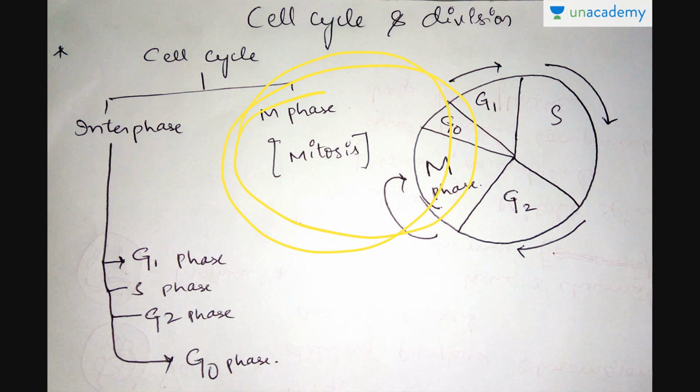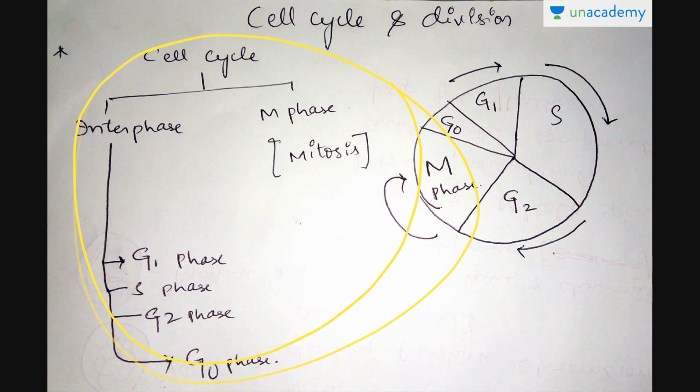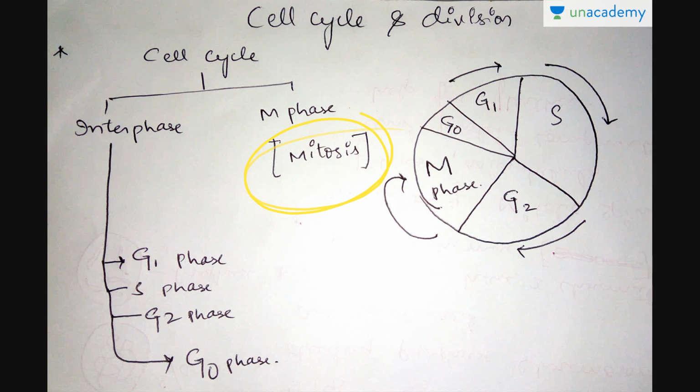Okay, starting with the initial phases of the cell cycle, there are two phases called interphase and M phase. M phase is also called mitotic phase or mitosis. In the interphase, the cell prepares itself for undergoing a mitotic division or a meiotic division.